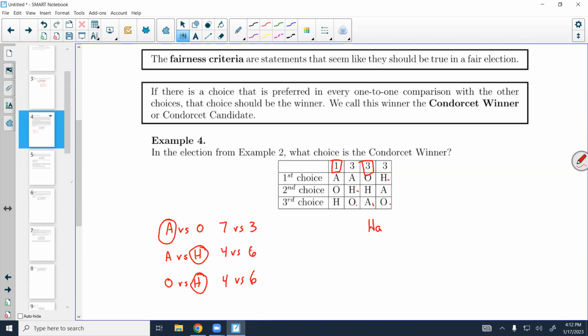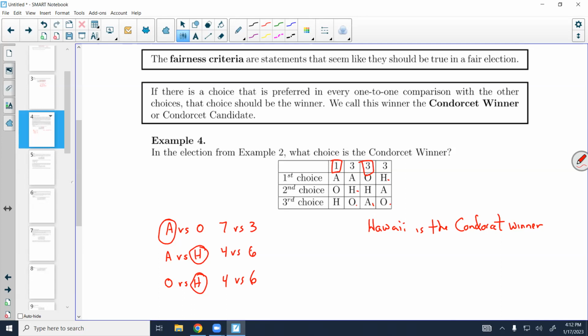So Hawaii is the Condorcet winner. That makes sense? Hawaii was preferred over Anaheim in head-to-head. Hawaii was preferred over Orlando in head-to-head, and I'd prefer to go Hawaii myself.